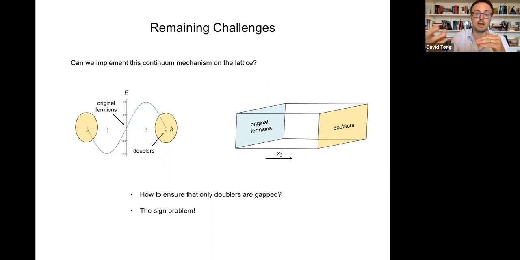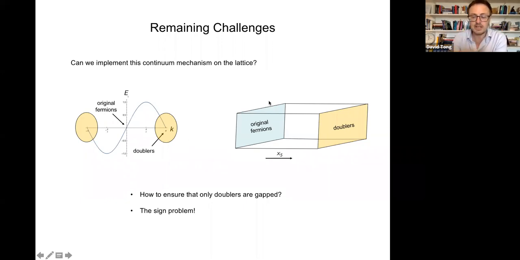But I gapped chiral fermions by implementing it with a vector-like theory. So there's no problem with putting it on the lattice. The only problem is somehow localizing it on one edge and not the other. Actually, I say the only problem. It turns out there are two problems.